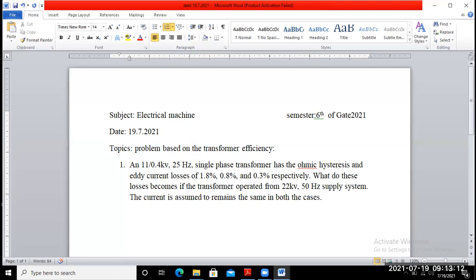Also calculate the efficiency in each case.